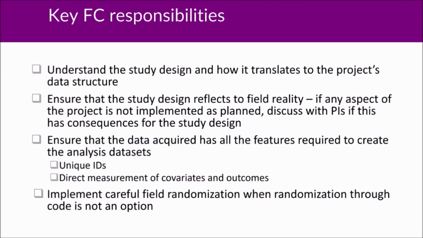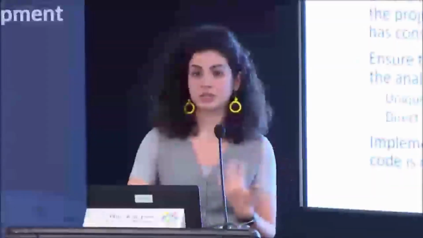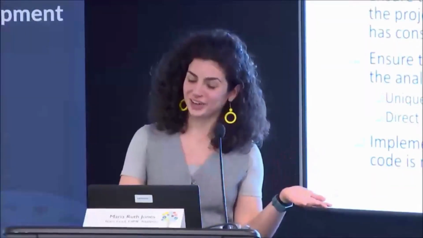The best way to do that is to study the data map, make sure that you have a data map, and discuss it with your team to understand it. Then it's your responsibility to ensure that the research design reflects the field reality, so that you're keeping the PIs informed of how the implementation is going, so they can make any adjustments if needed, ideally not needed.